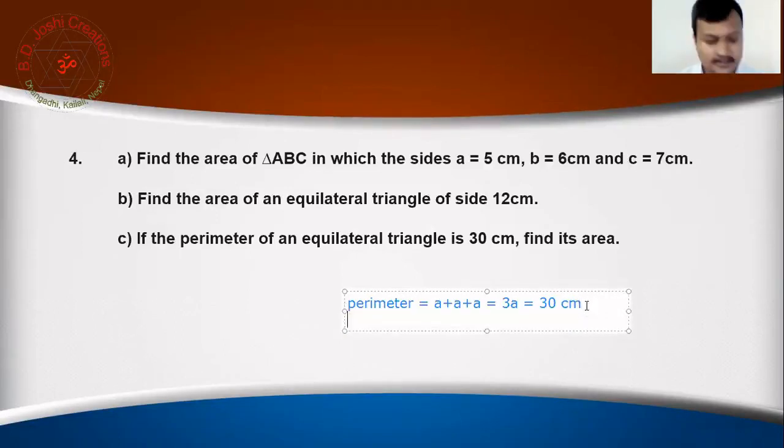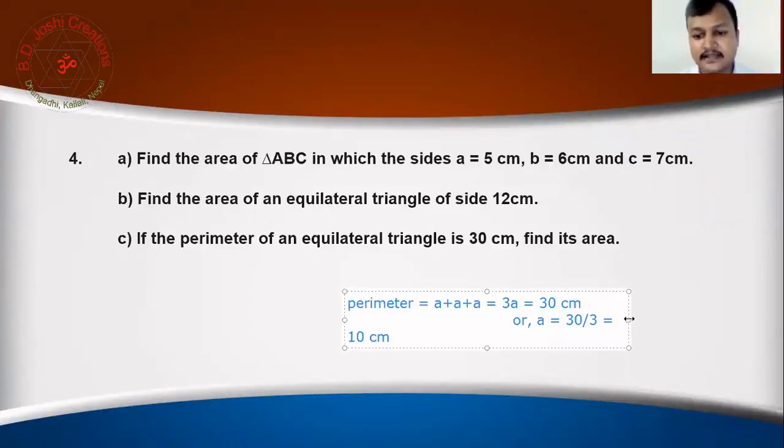If 3A is 30 centimeter, what will be the value of A? A is equal to 30 divided by 3, which is 10 centimeter.